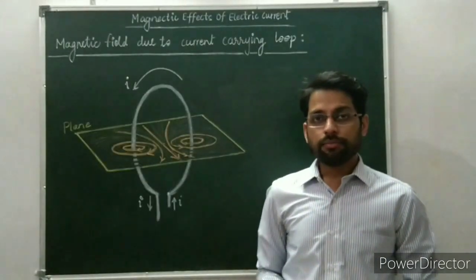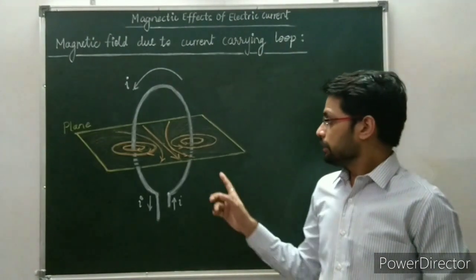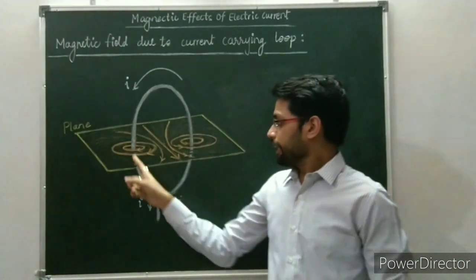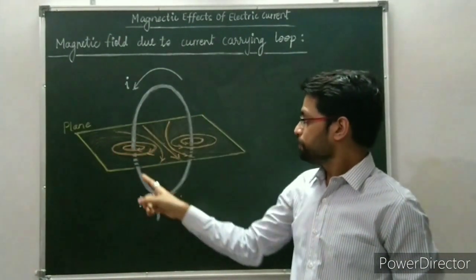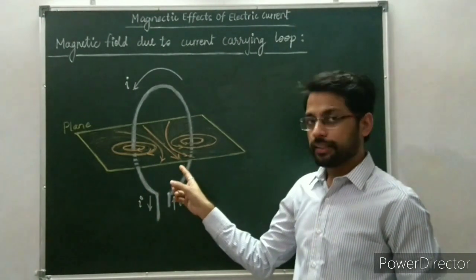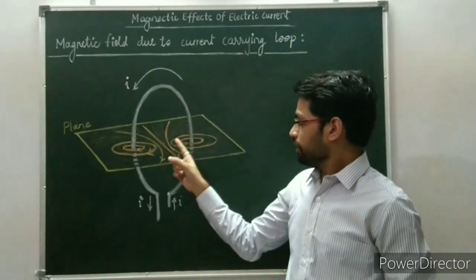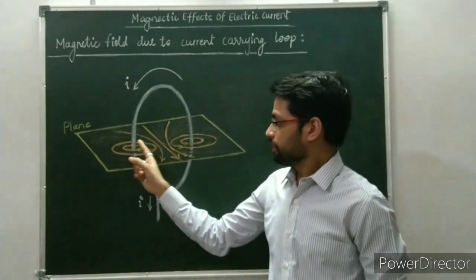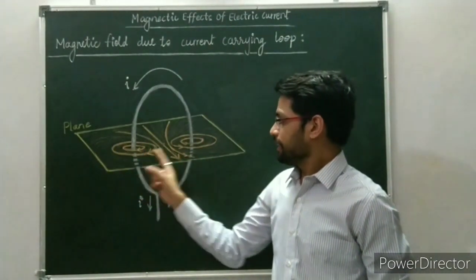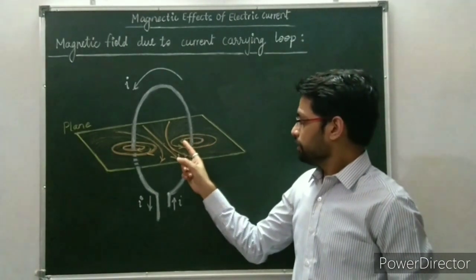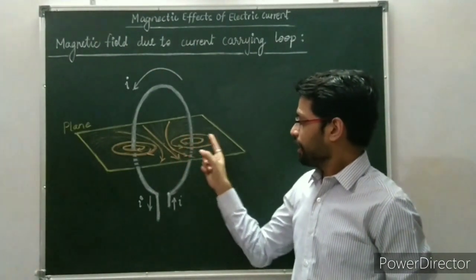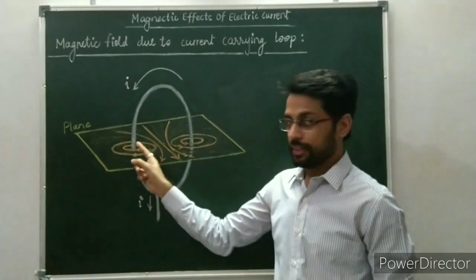We saw in the video that due to a current carrying circular loop, as shown in the diagram, the magnetic field lines are circular near the wires. Okay, as you can see in the diagram, the magnetic field lines are circular near the wires.